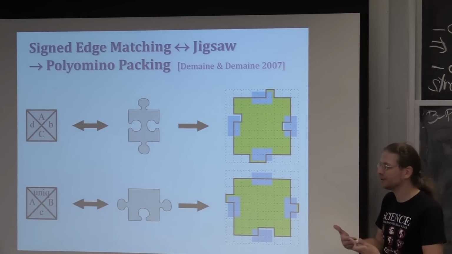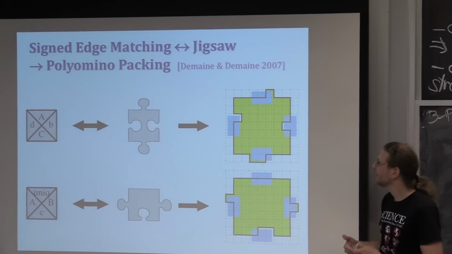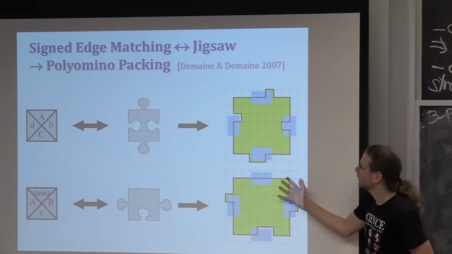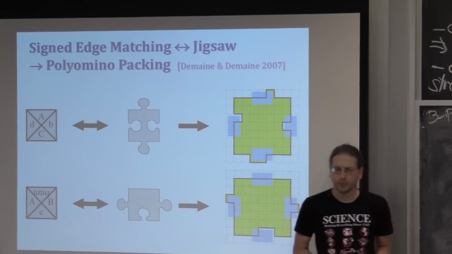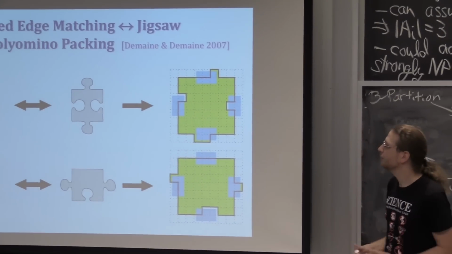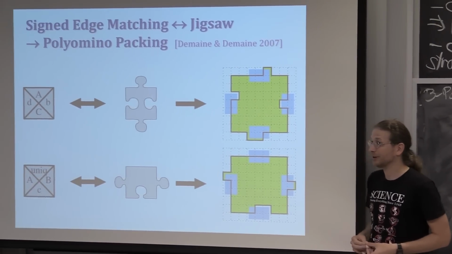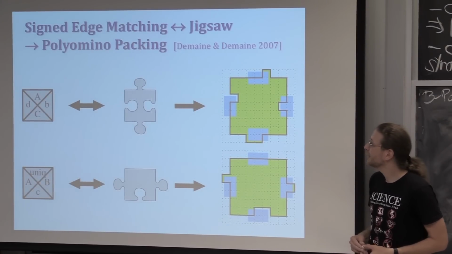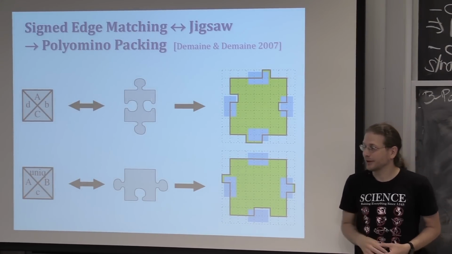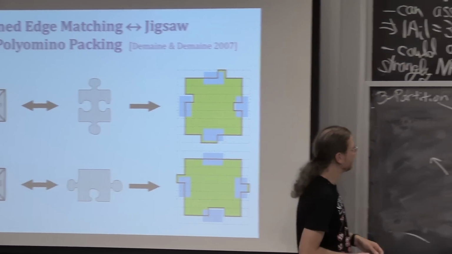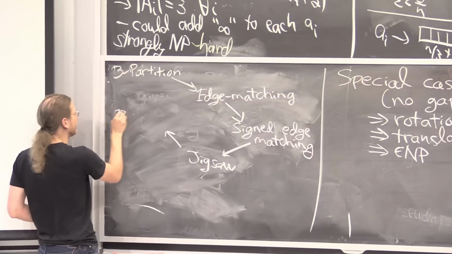And two things will fit together and make a nice clean seam if and only if the original colors matched. And so this represents that puzzle, where we've blown everything up by a logarithmic factor in each dimension. But the number of pieces is staying the same, in a sense. And so that was this reduction to polyomino packing.